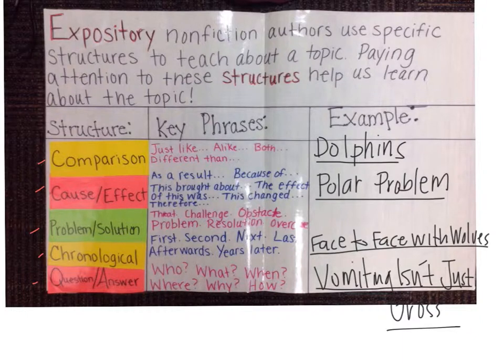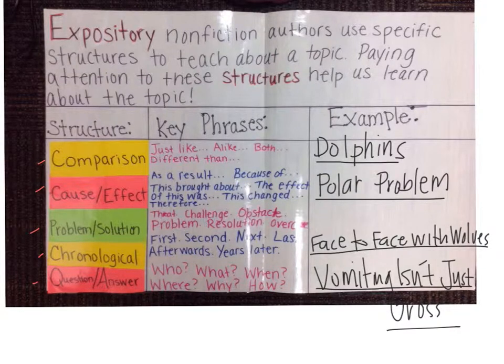We even came up with some examples for these that we filled in together, or you might have filled in on your own chart. So we found that dolphins was a comparison, polar problem was a cause and effect, vomiting isn't just gross was a question and answer, and I went ahead and filled in face to face with wolves under chronological.